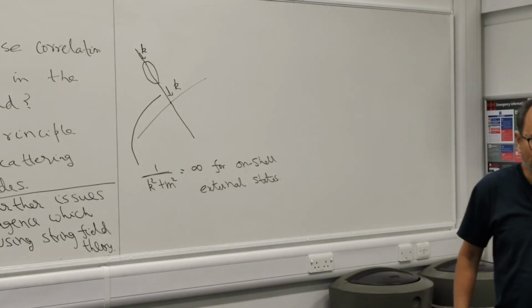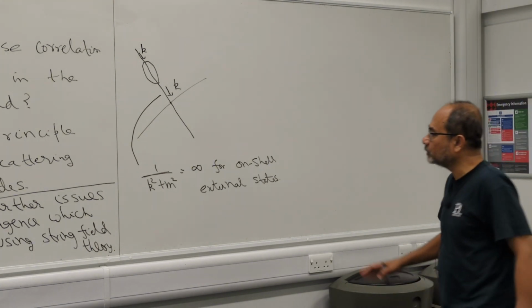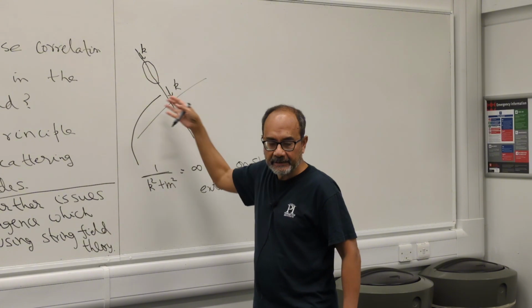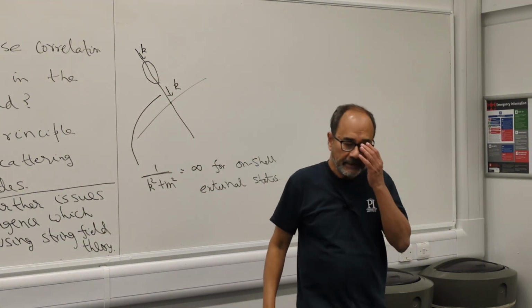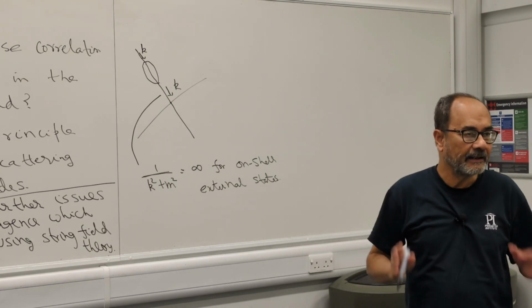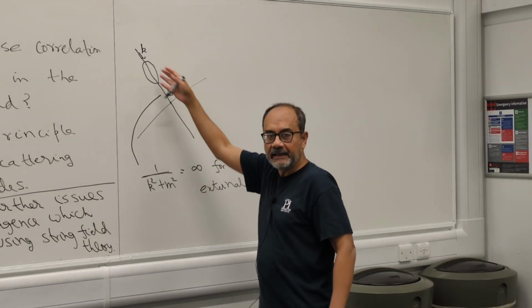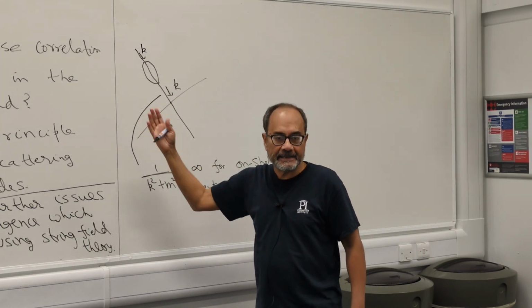Exactly. The correct way to treat this is to use LSZ, where you will not include diagrams like this. You will resum this and write it in terms of renormalized masses. The worldsheet gives you results which are directly like results for the Feynman diagrams, but it doesn't know about LSZ.